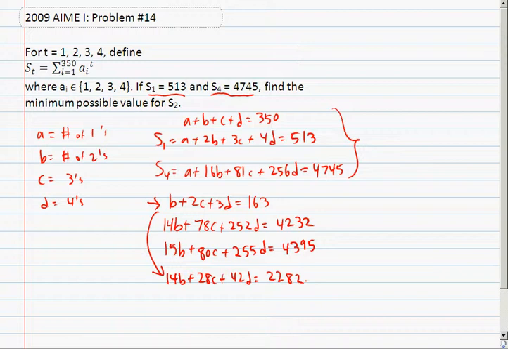Now we take this equation and subtract it from the other equation. This leaves us with 50c plus 210d, which is equal to 1950.